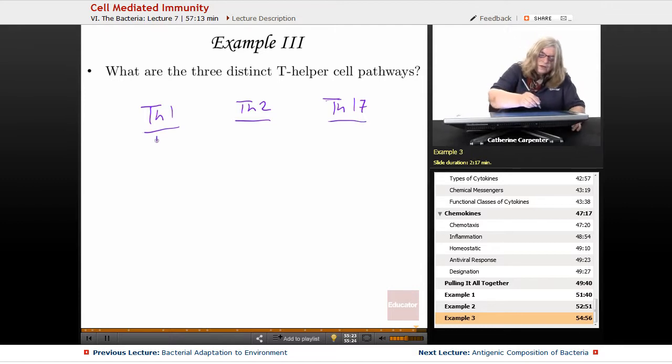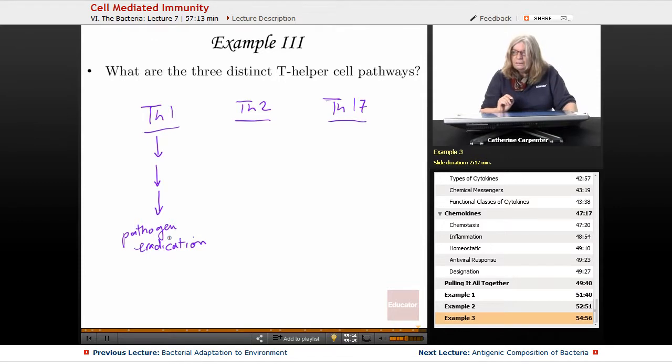and then trace down all the different things that occur in the TH1 pathway. So remember, the TH1 pathway is the pathogen eradication pathway. But what is the biggest part of that pathway?